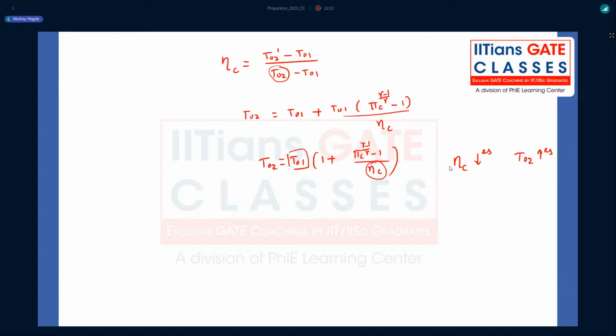Because in this question we fixed the pressure ratio constant. This is a very, very important variable to consider. So let us try to see the TS diagram, so that it becomes more clear. I have a TS plot for the compressor, right?